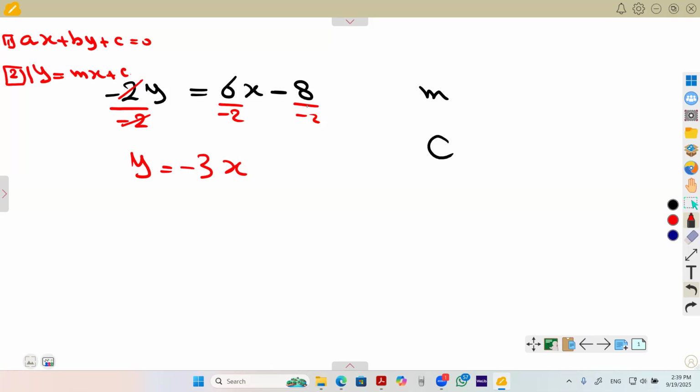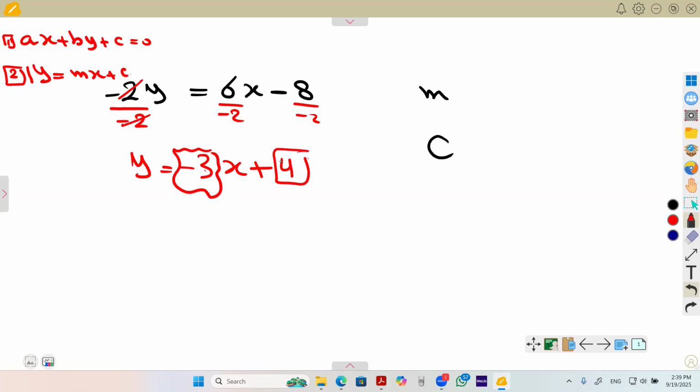Negative over negative is positive, so plus 8 over 2, and 8 over 2 is 4. Very good. So the gradient here is what? It's negative 3. And the y-intercept is 4.